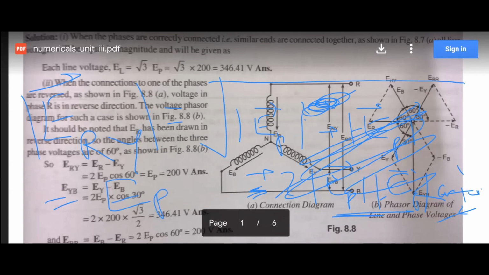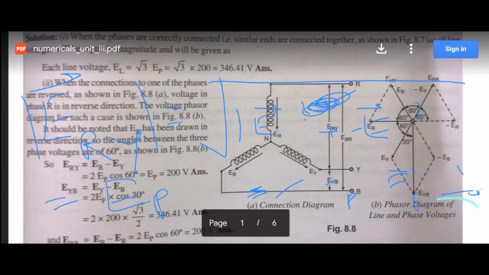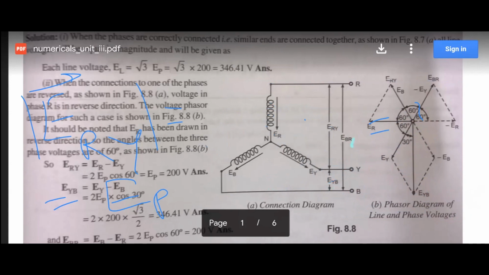Clear? So we have seen that using the magnitude formula from vector algebra or using the trigonometric formula, we get similar results. The same thing is to be done for the other line voltages.